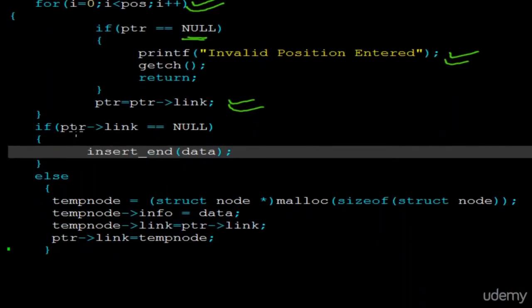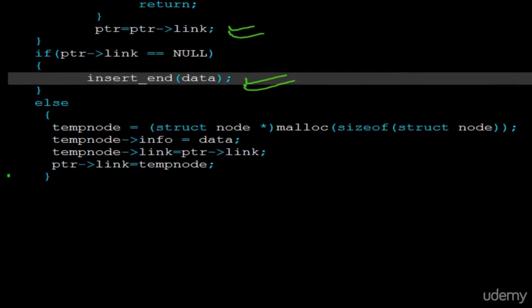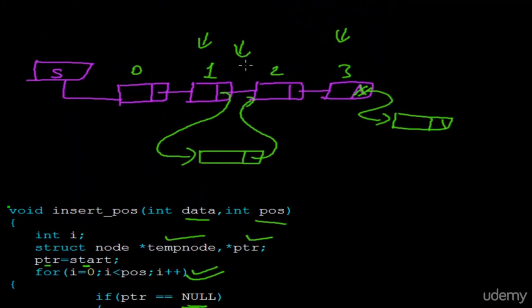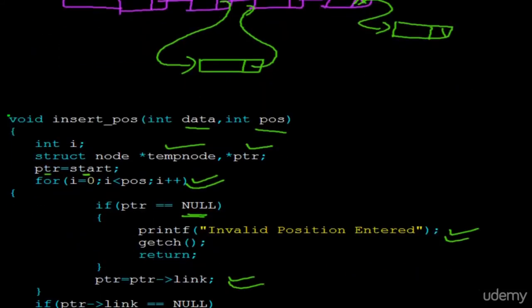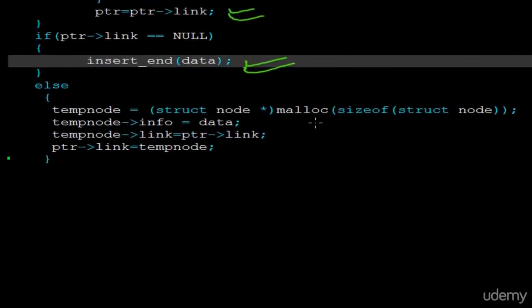So if ptr's link part is equal to null, then we will call the insert at end function. If not, say the case is like this, that we have entered the position, say 1, and we want to insert a new node between 1 and 2, then this else part will get executed.